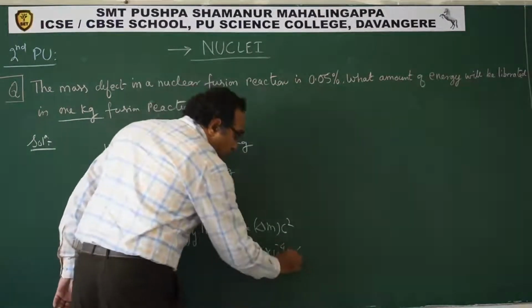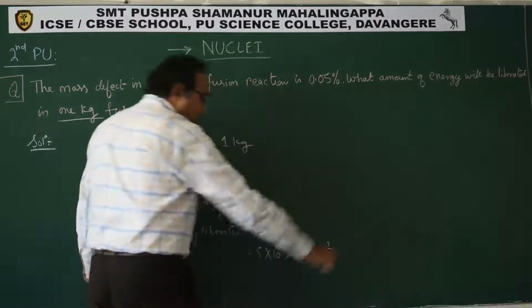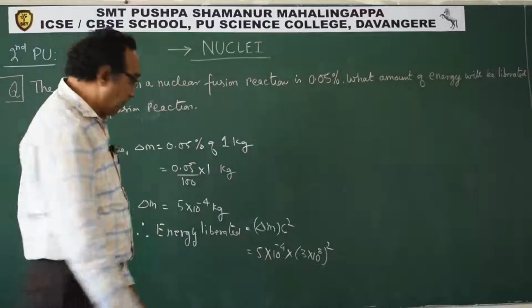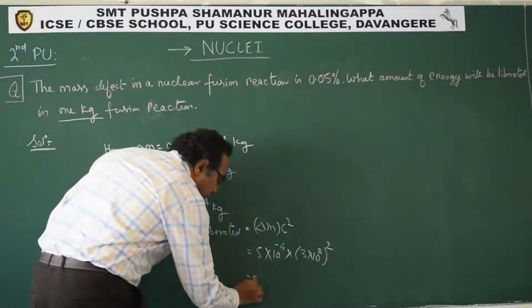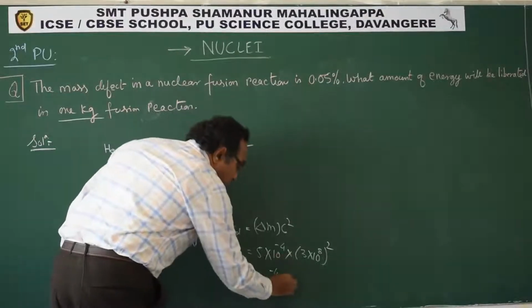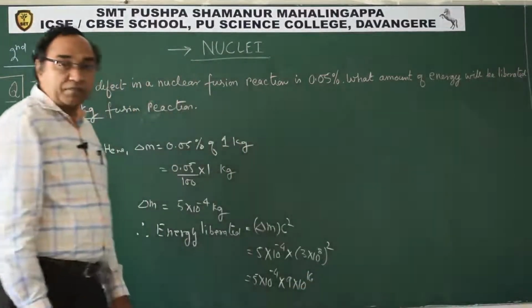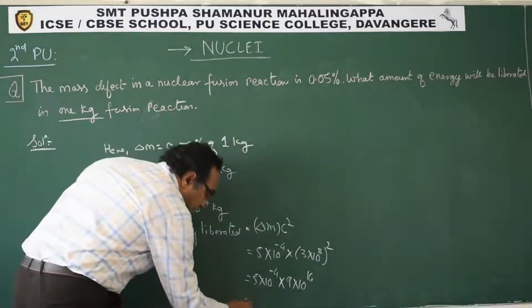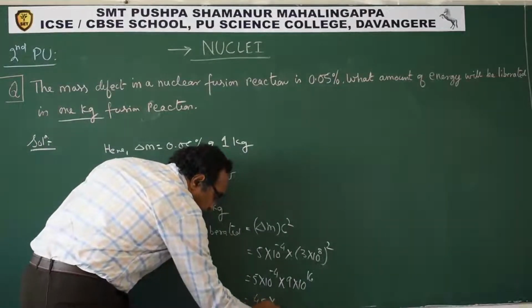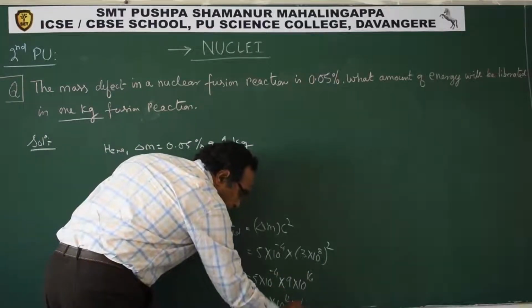And C is how much? 3 into 10 power 8 whole square, meter per second, velocity of light. So this gives us how much? 5 into 10 power minus 4 into 9 into 10 power 16. So this is 5 into 9, which is 45 into 10 power 12 joules.